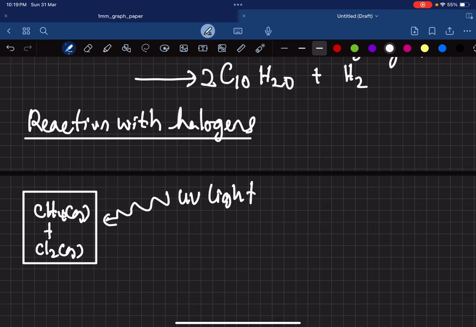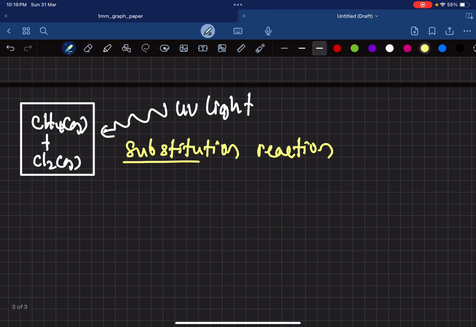So what happens is there is a reaction that will start. This reaction is called substitution. Okay, substitution reaction. So what happens in this substitution reaction is every single hydrogen in methane will be substituted by the halogen.